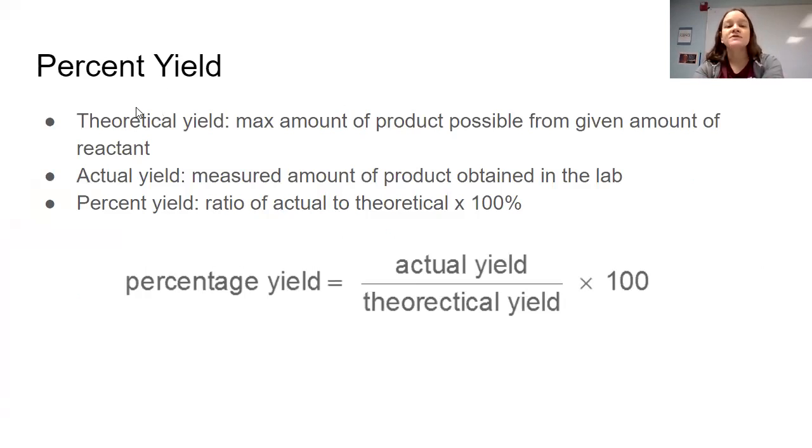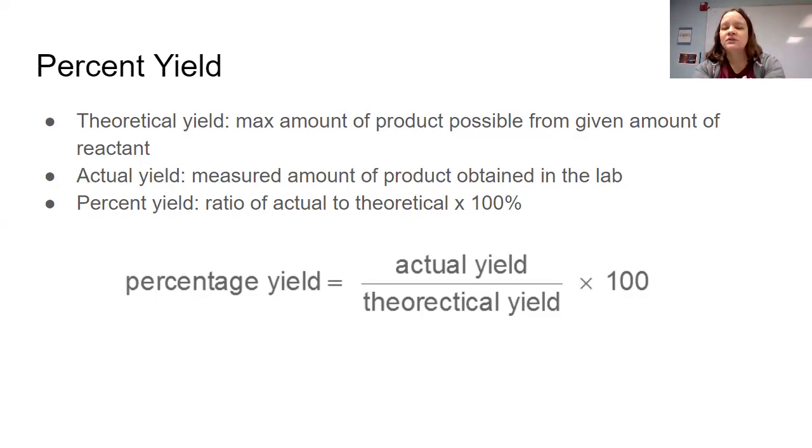All right. So to find the percent yield, you need to know the theoretical yield and the actual yield. So the theoretical yield is the maximum amount of product that we can make. This could actually be tied into a limiting reactant problem by asking you to first calculate which one's the limiting reactant and how much of the product could you make, just like we did in the last lesson.